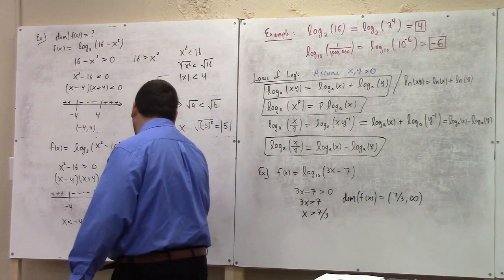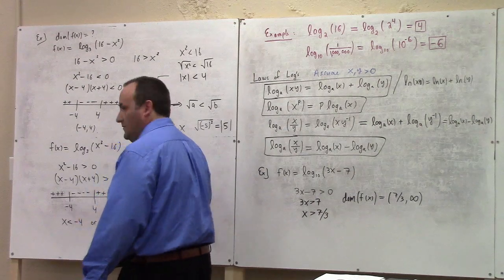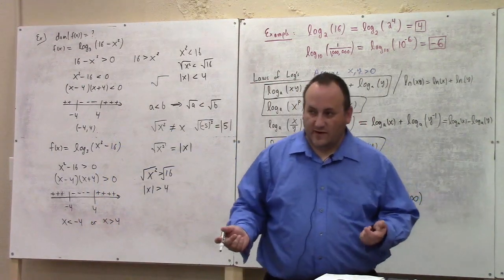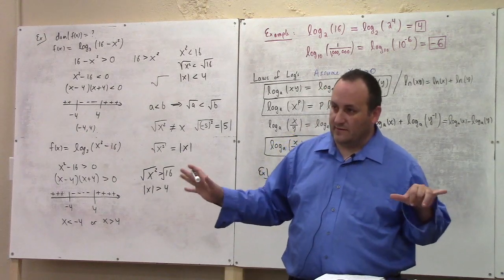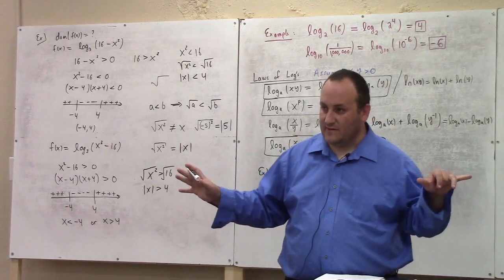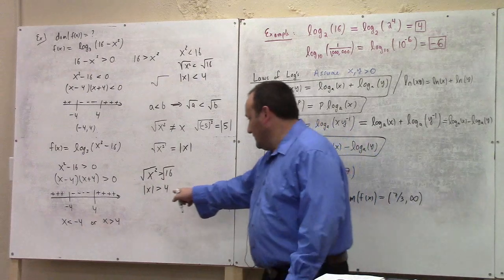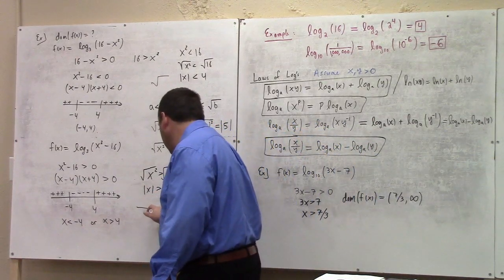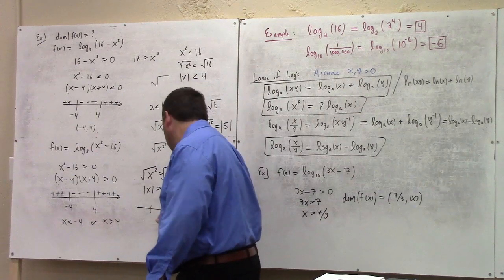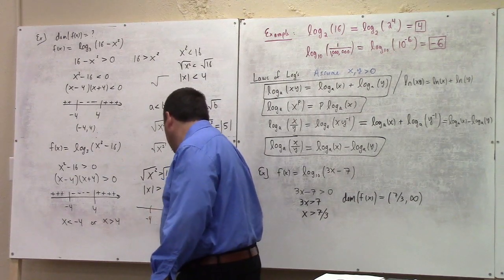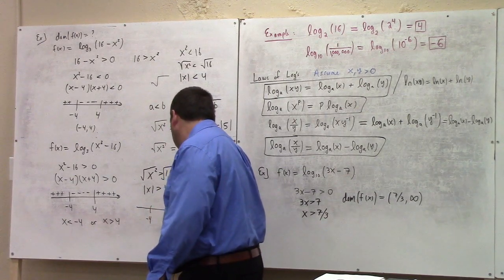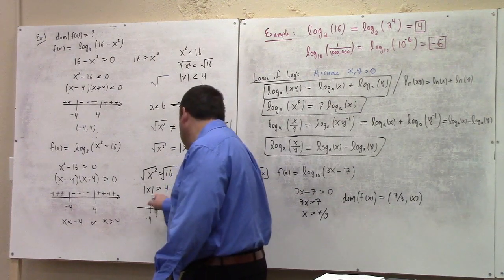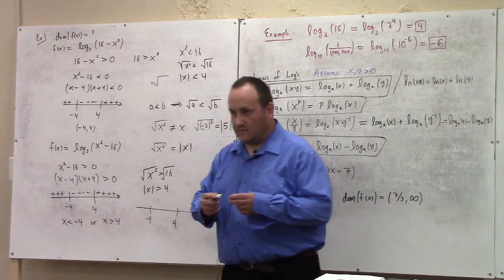That gives us absolute value of x is greater than 4. Absolute value of x greater than 4 has a solution that's comprised of two rays going to infinity, one way to minus infinity, the other way to plus infinity. On the number line, the solution is everything beyond minus 4 and 4, because one way you could interpret the absolute value of x being greater than 4 is that the distance from the origin to x is larger than 4.